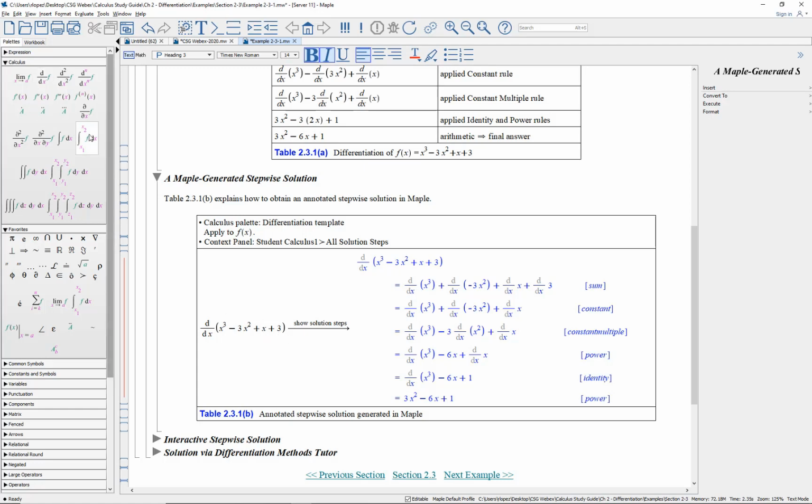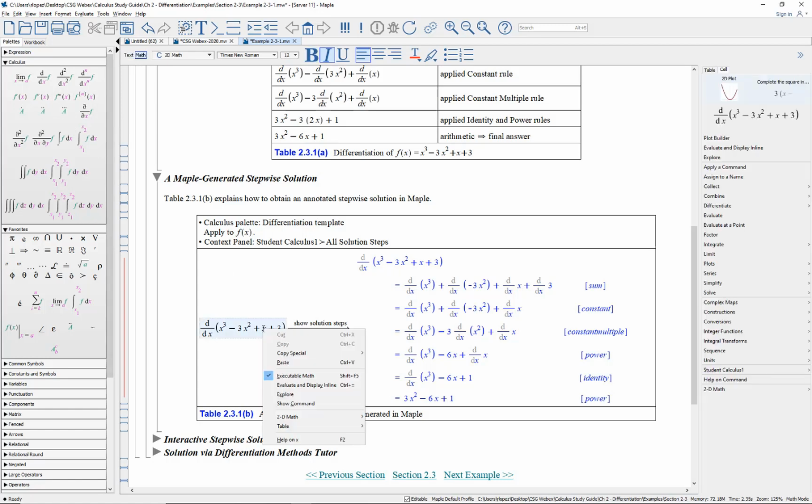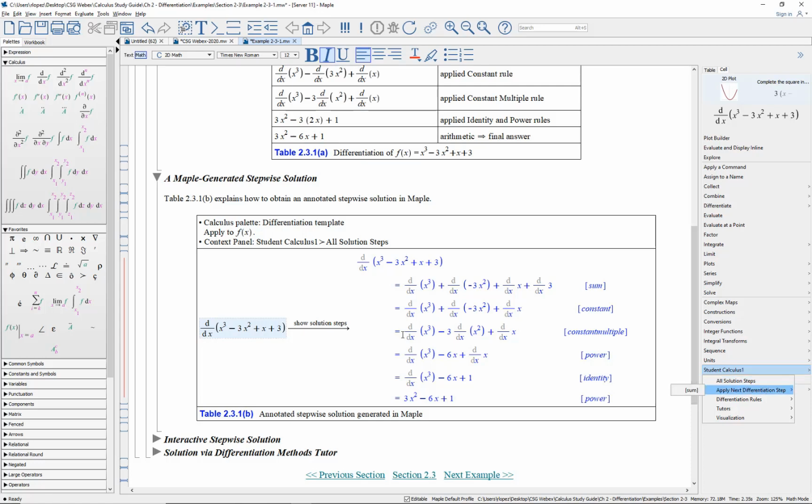Use the tab key to move through the fields. You right click. You'll see down here in Student Calculus 1, you have these options. All solution steps. And Maple generates this annotated stepwise solution where you can see which rules got applied to get the various steps of the solution.